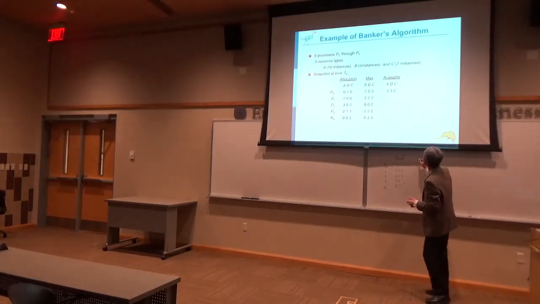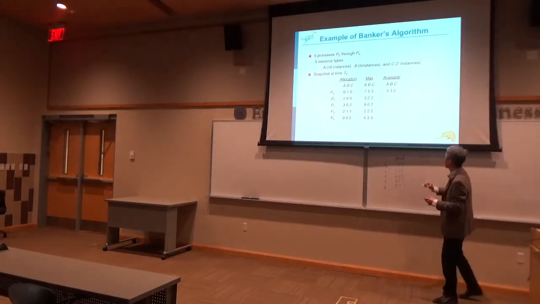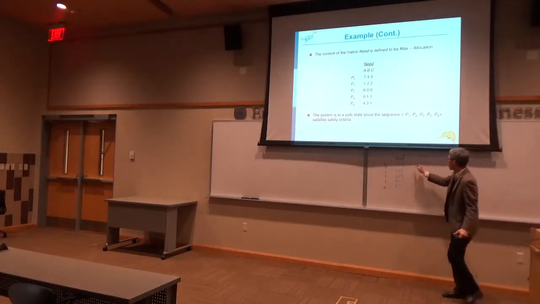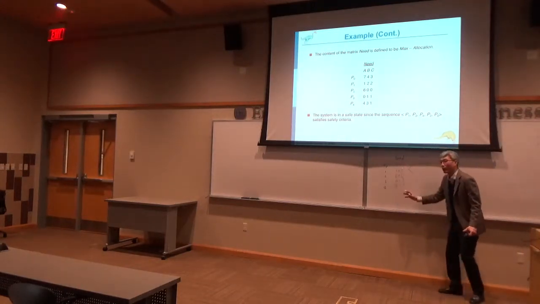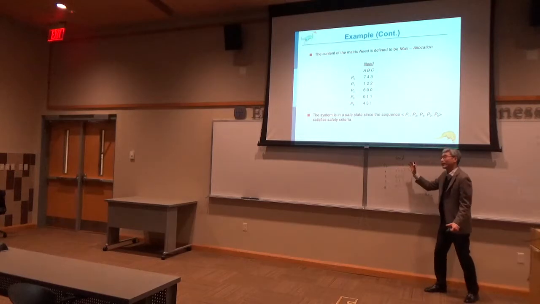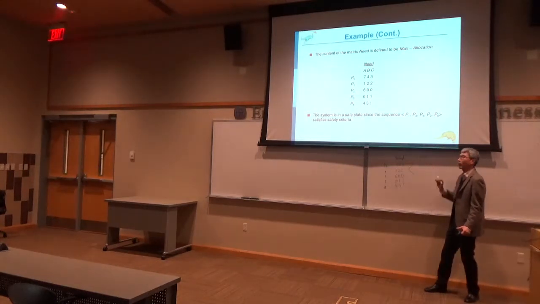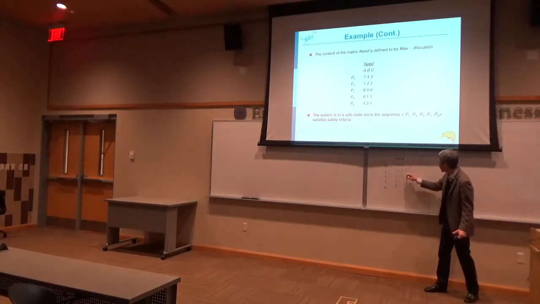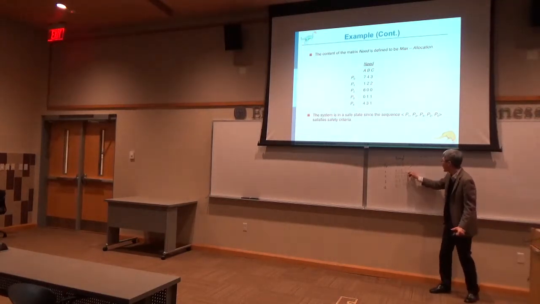Available is currently 3, 3, 2. The safety algorithm is simple: can you find any process whose need is equal to or less than available? This one is not possible. This one is yes. This is not possible. This one is yes. This is not possible. So the first candidate is either P1 or P3.